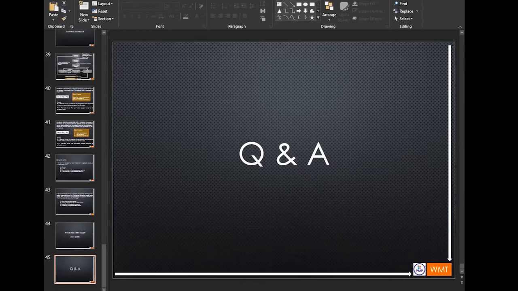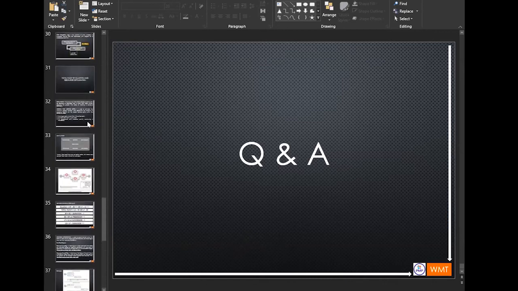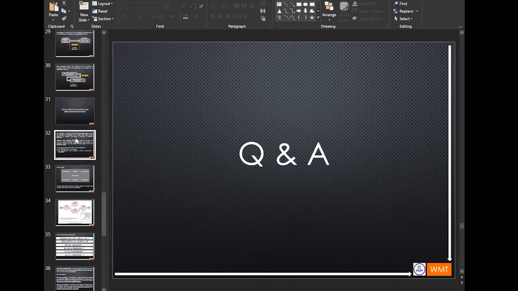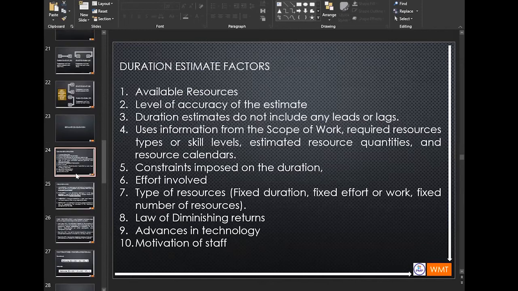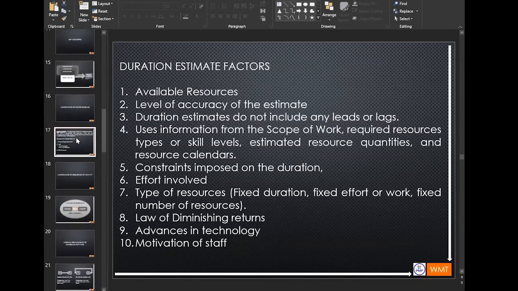Actually, Sir William was able to connect. We have been highlighting since the start of this series that we are gradually building up the knowledge. So we have the integration already, then we have the scope. Remember, even our activities, although it's very tiresome to create those documents, that is what is being highlighted here in the schedule management. Because if you already have those documents, like the WBS, the WBS dictionary, and the scope statement, that is basically the baseline, which is one of the major inputs in this process.